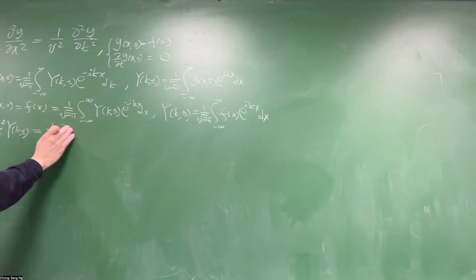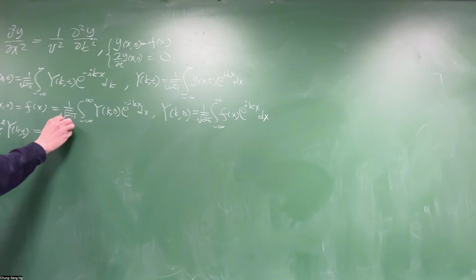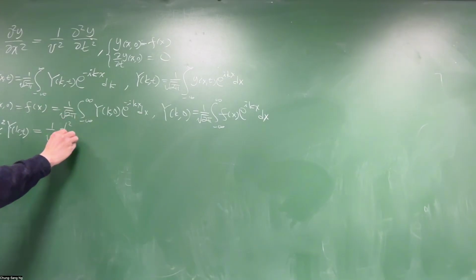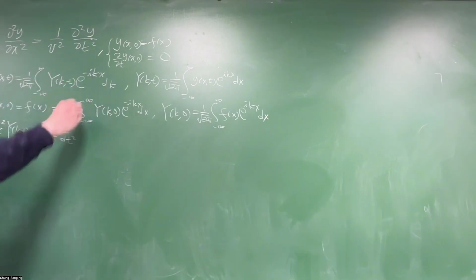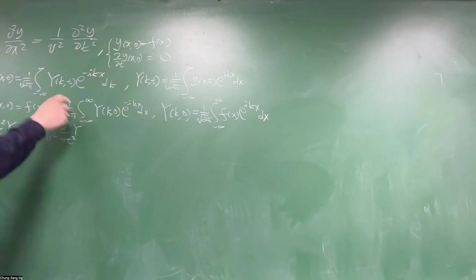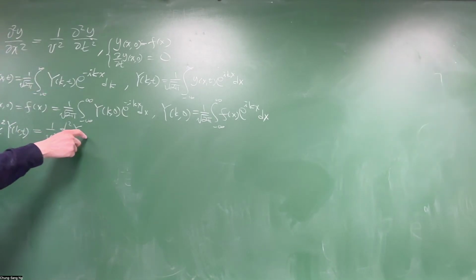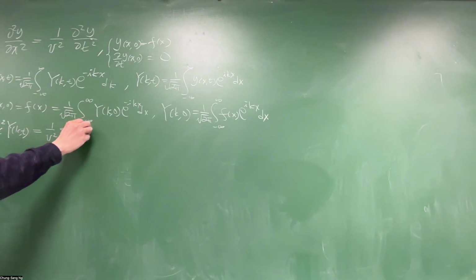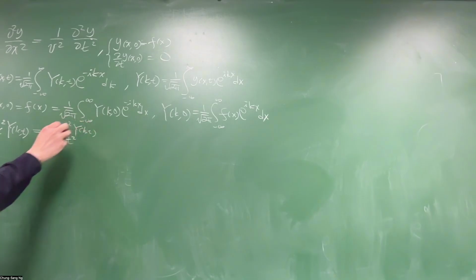It's still a partial derivative, but if you treat k as a parameter, you can write it as a total derivative so as not to get confused. It's not a partial differential equation now, because you treat k as a parameter rather than a variable. You need to solve the differential equation.